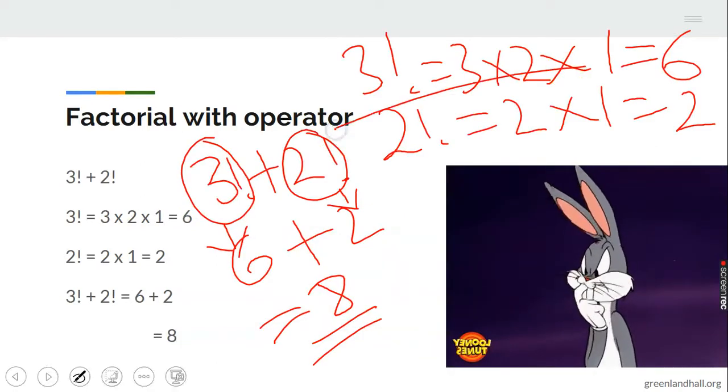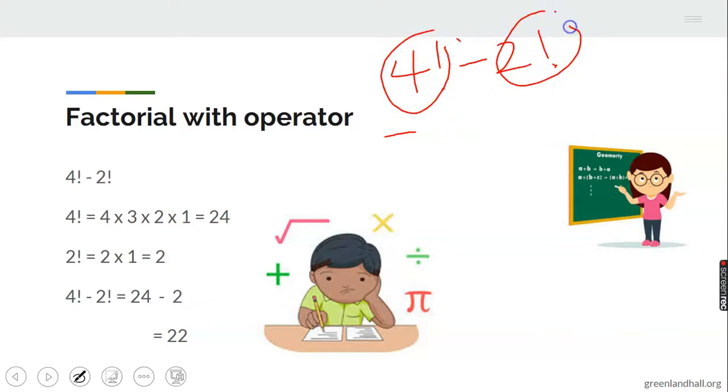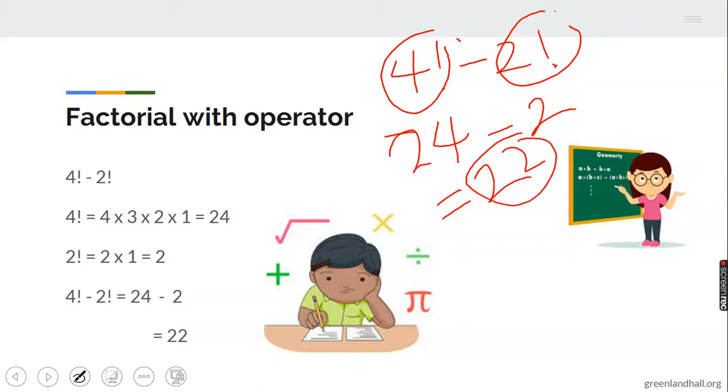That is minus. So we're going to say 4 factorial minus 2 factorial. You find the factorial of 4 and the factorial of 2. Factorial of 4 should give you 24. Subtract 2 from it, and our answer is 22.